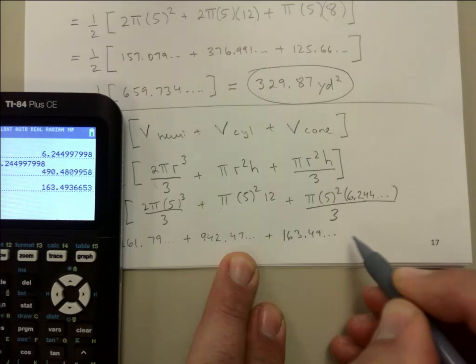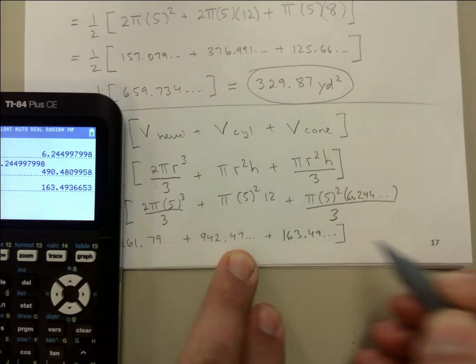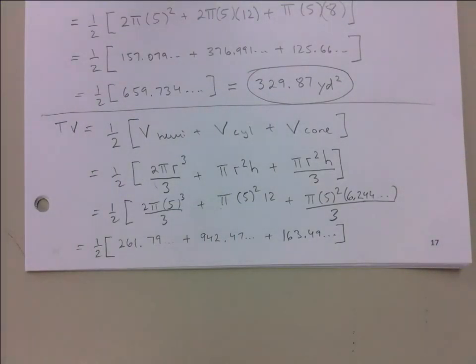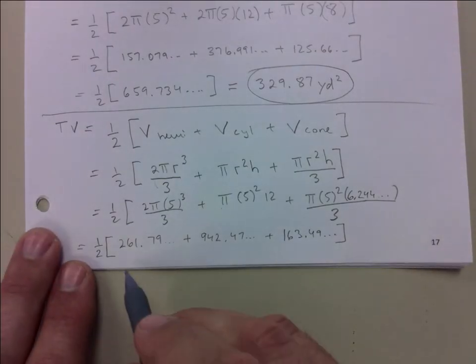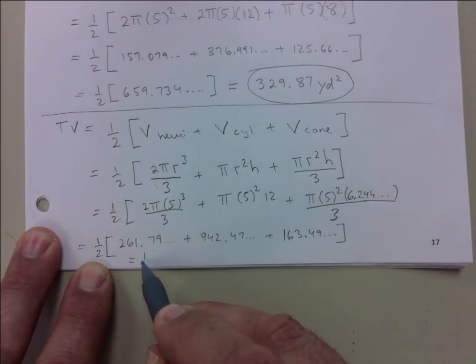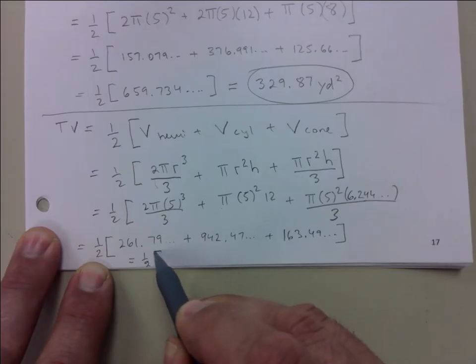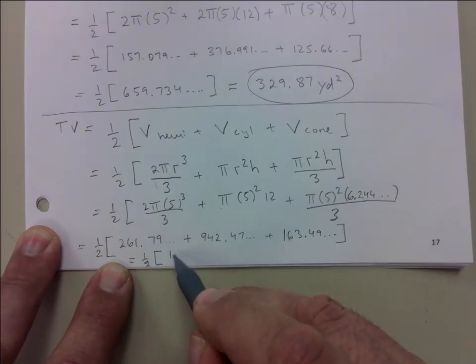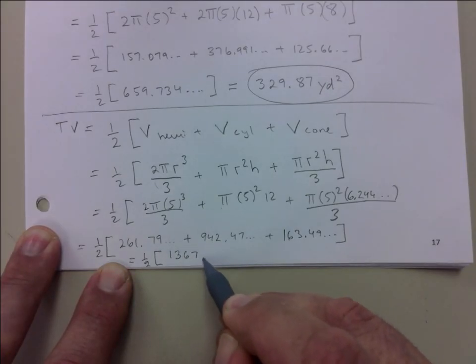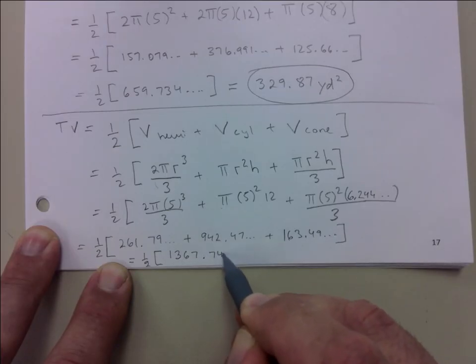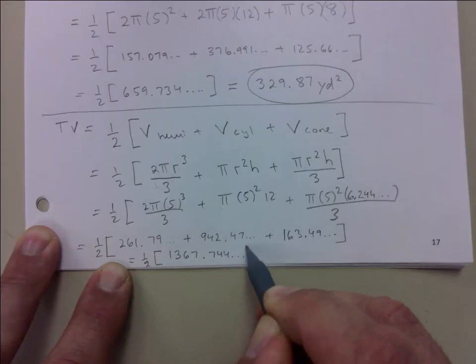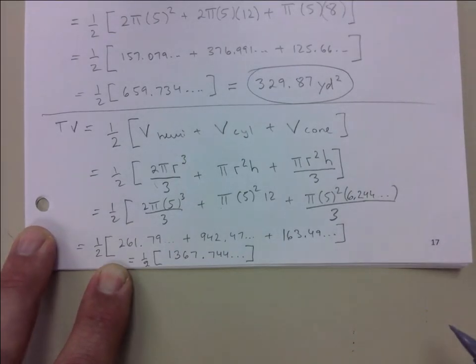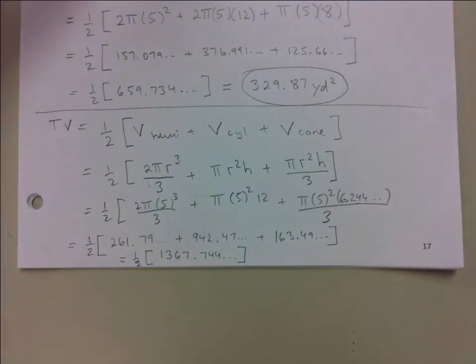Okay, so that's 163.49 something. Everything surrounded by square brackets. And I know it's tight here, but we're going to make it work. If I add all of this up, I get 1,367.744, and that keeps going. Hope you can see that.